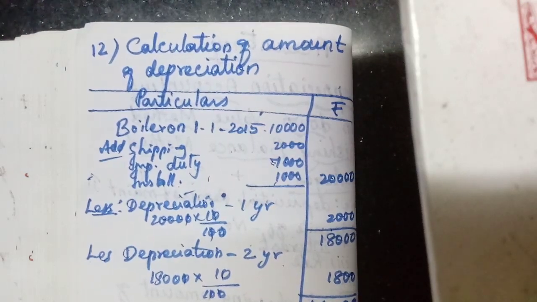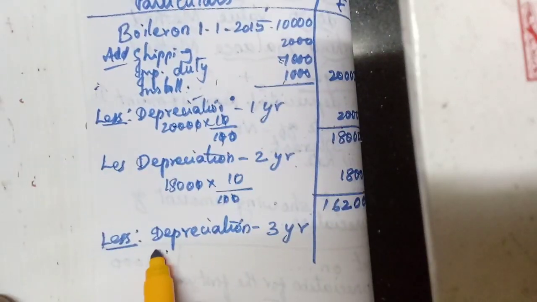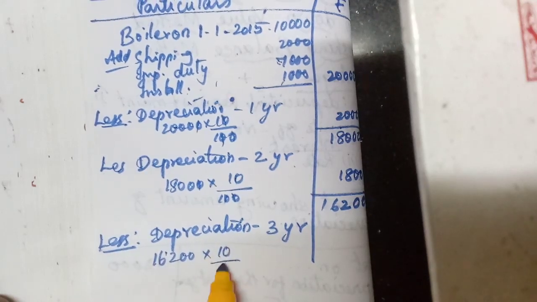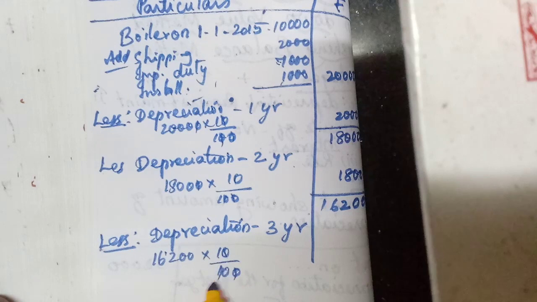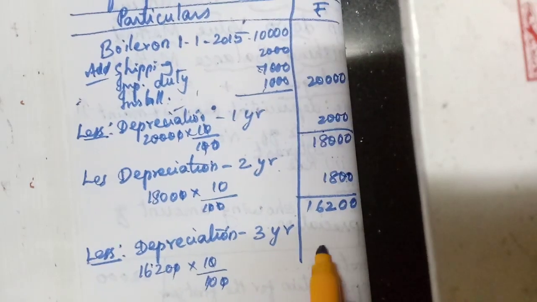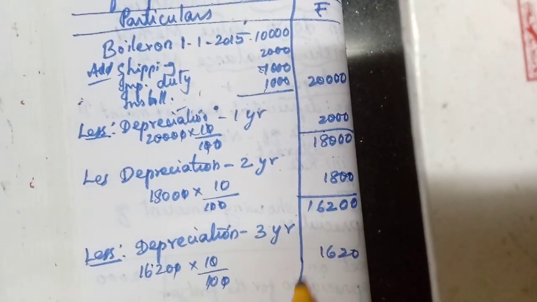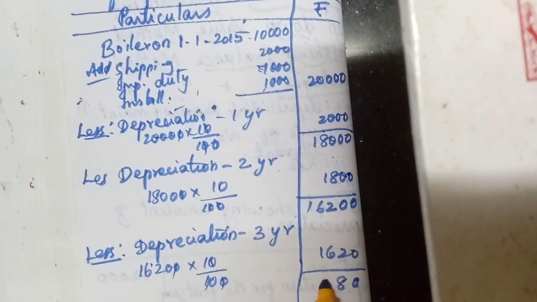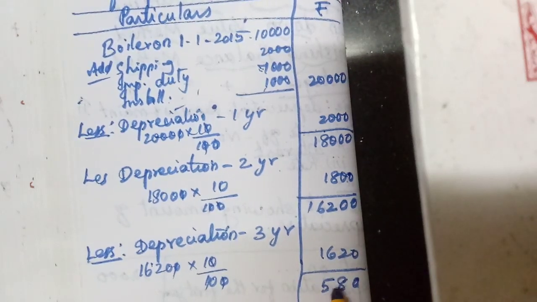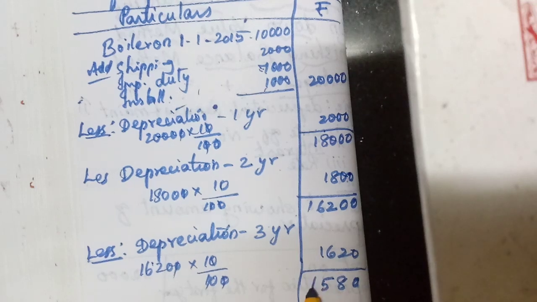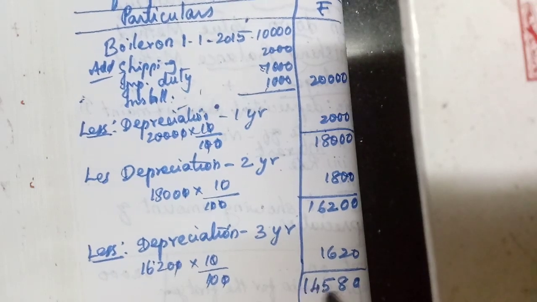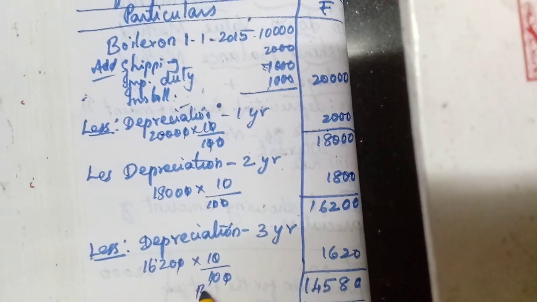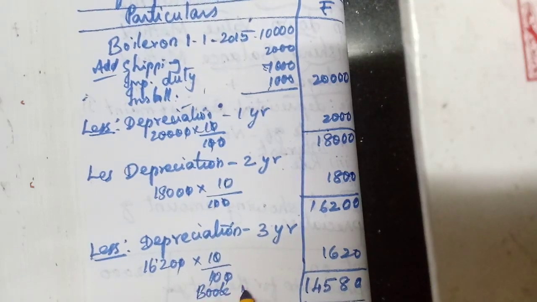Now see, for 16,200 we should calculate 10 by 100. 1,620. 14,580. This is the book value.